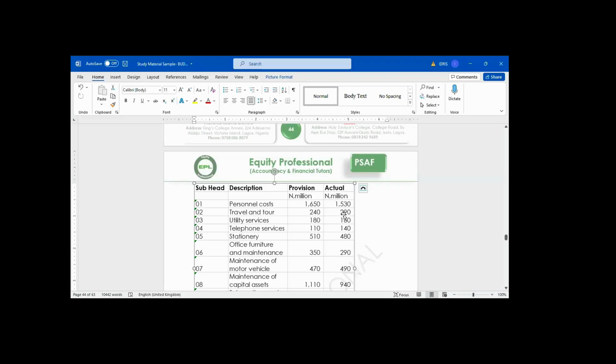If we are told that for us to prepare the next year it is going to increase by 10%, that means 290 times 110 to get the next year amount.